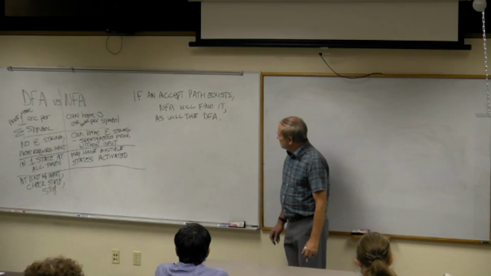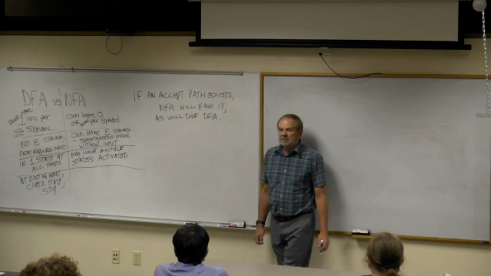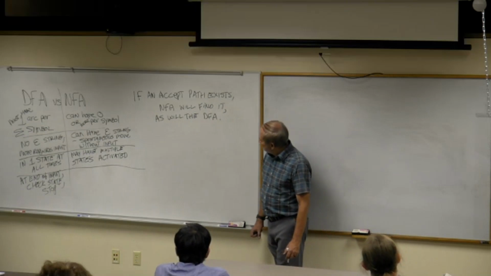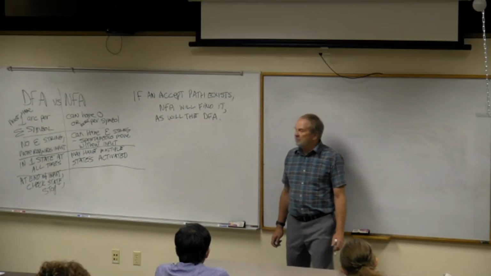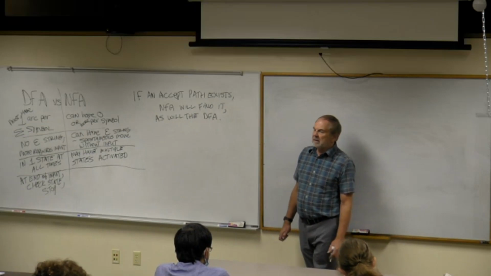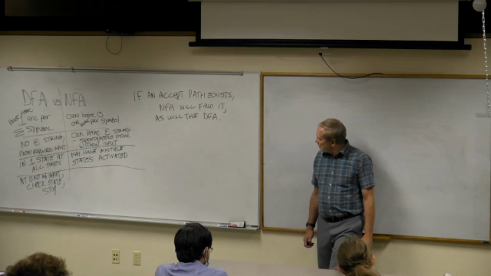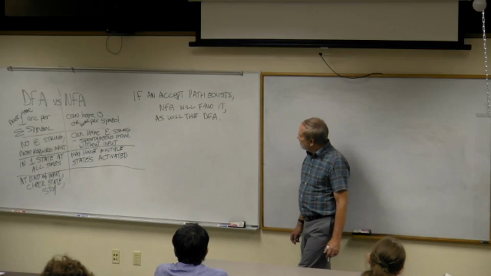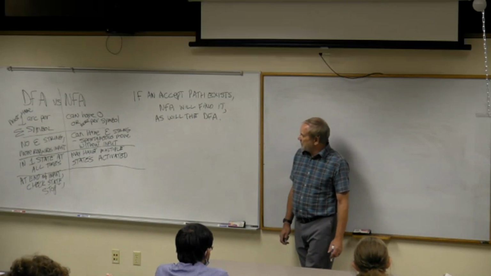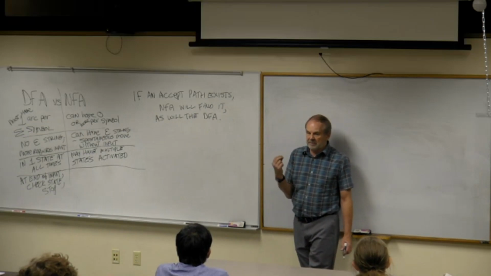Checking the state means figuring out whether you accept it or not. What about the NFA? What does the NFA have to do? There is a condition. It is possible for the NFA to stop without using up the input. How would it do that?